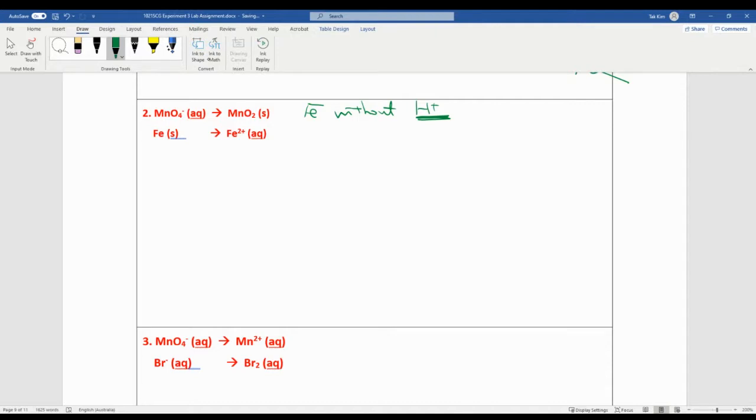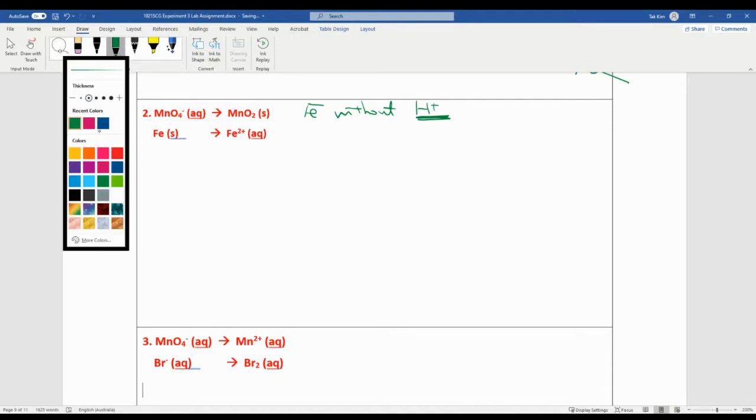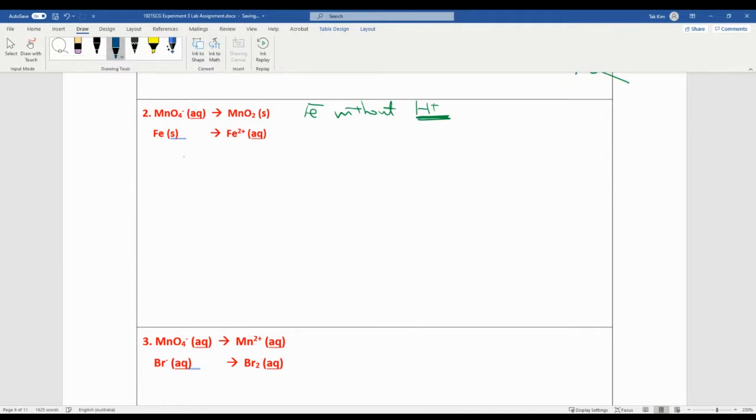So if you have a proton on the left-hand side, the answer is not going to be correct. So let me just use the original color. Since without acid, permanganate will turn into manganese oxide, solid manganese oxide. So it is a little bit different when it comes to balancing the first half, but the process will be pretty much the same except one extra process.